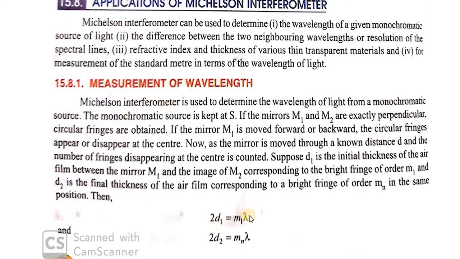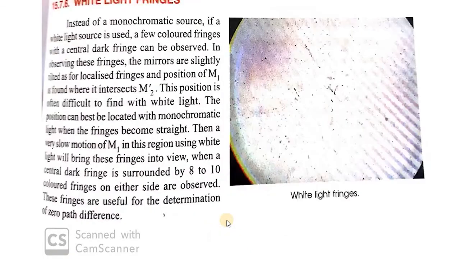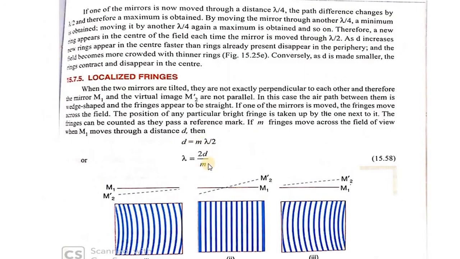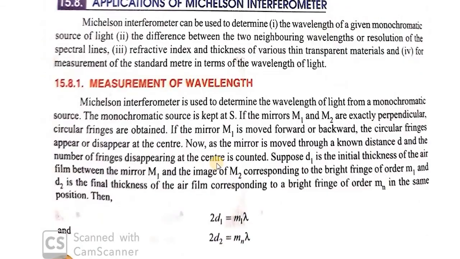If the mirror M1 is moved through a distance d1, m1 fringes appear. We already have the equation d equals m lambda by 2, or lambda equals 2d by m. So 2d1 is equal to m1 lambda. If the mirror is moved to a position d2 and mn fringes pass the field of view, I can write 2d2 is equal to mn lambda.